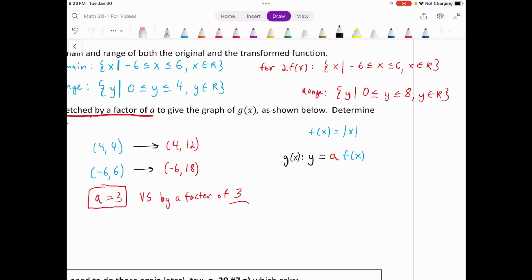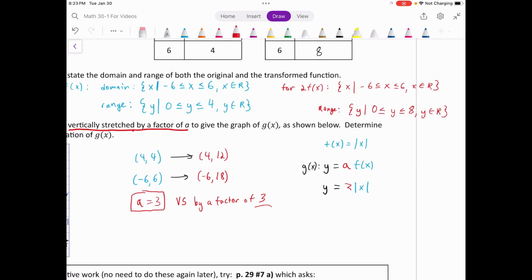So the original equation was absolute value x, and now we know that a is 3. So y equals 3 times the absolute value of x is the equation of g of x. I guess I could write it as g of x equals 3 times the absolute value of x.